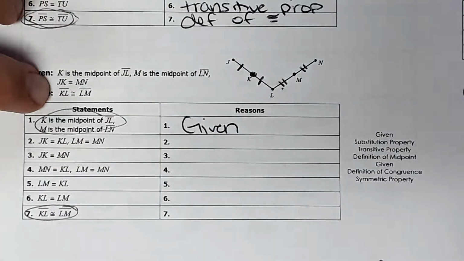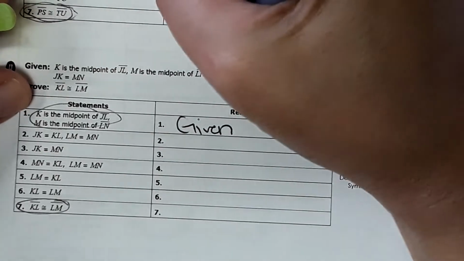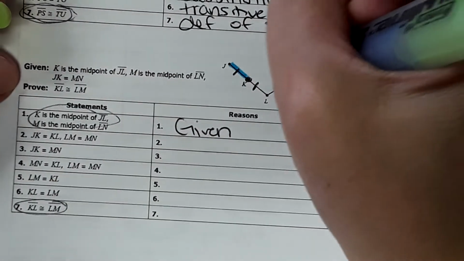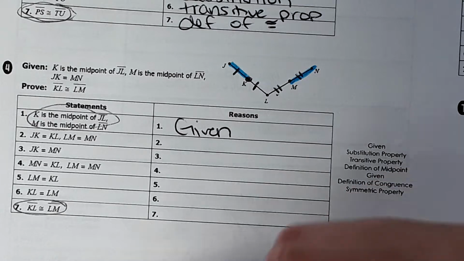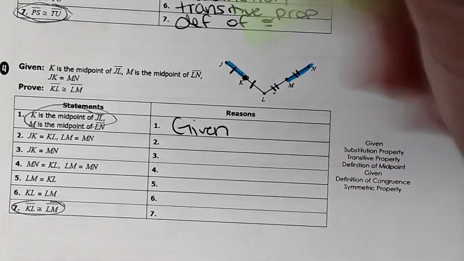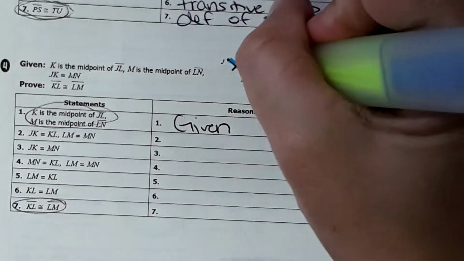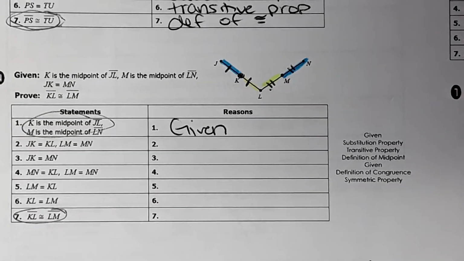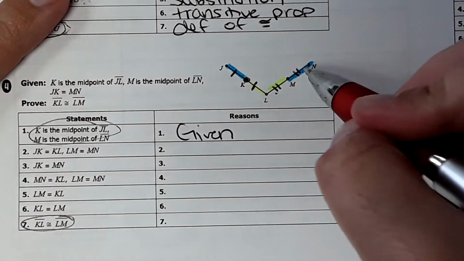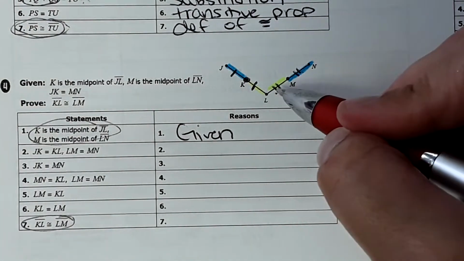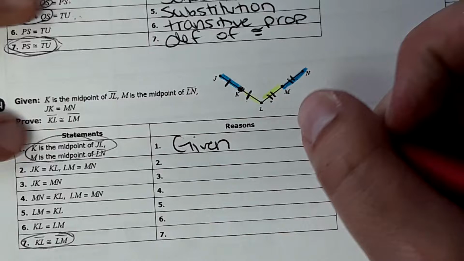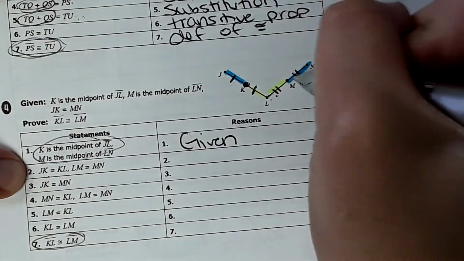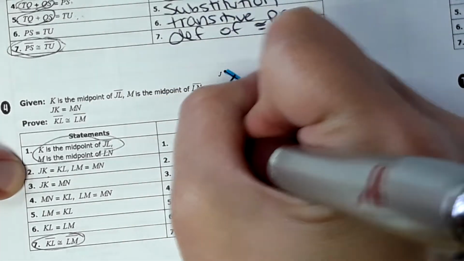And we are also told that JK is equal to MN, and we're asked to prove that KL is equal to LM. I believe there's going to be some transitive in here, because if this is equal to this and this is equal to this, then this must be equal to that. Anyways, JK equals KL and LM equals MN. That is the definition of midpoint.